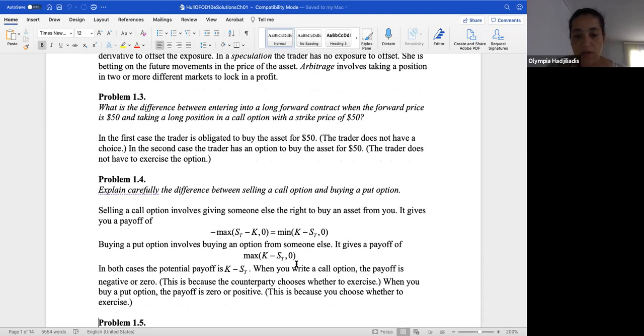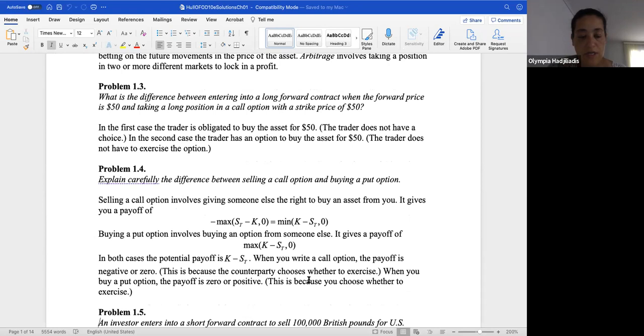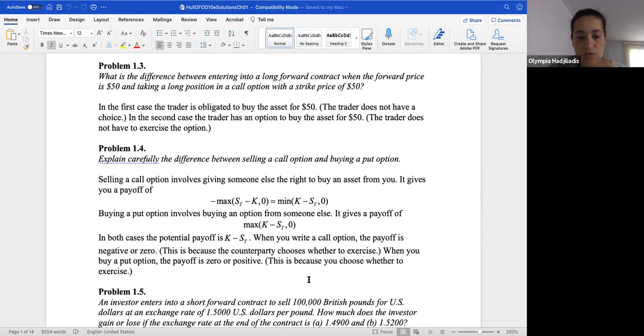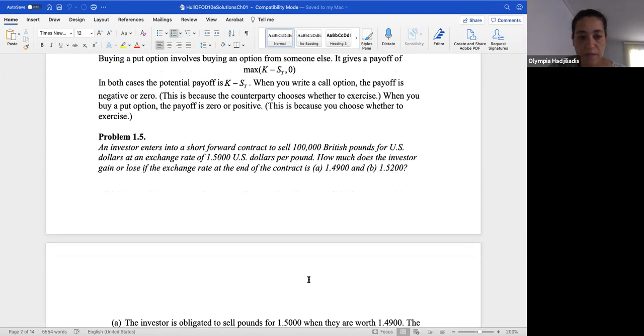It gives a payoff of max of K minus ST and 0. In both cases, the potential payoff is K minus ST, but when you write the call option, the payoff is negative or 0. This is because the counterparty chooses whether to exercise. Whereas when you buy a put option, the payoff is 0 or positive. This is because you choose whether to exercise.